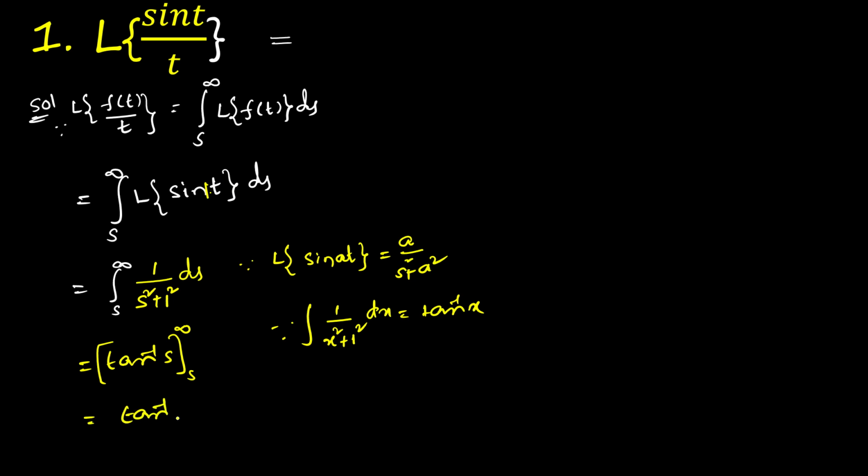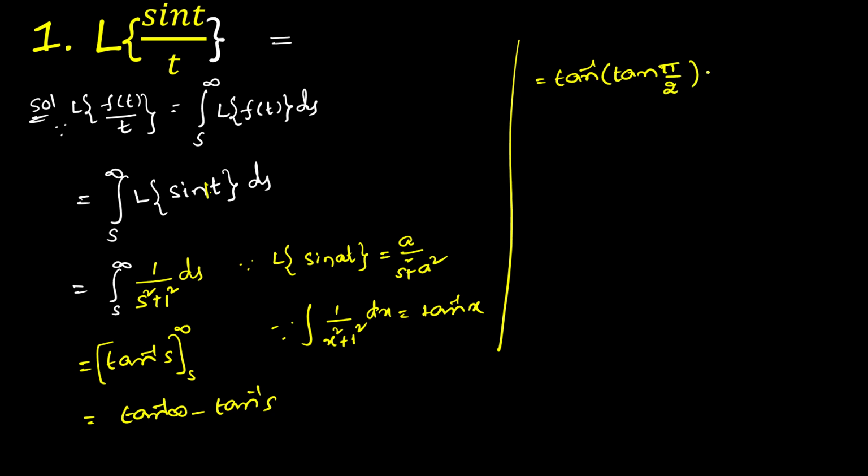Tan inverse of upper limit infinity minus tan inverse of the lower limit s. Tan inverse of infinity is equal to pi by 2, minus tan inverse of s.